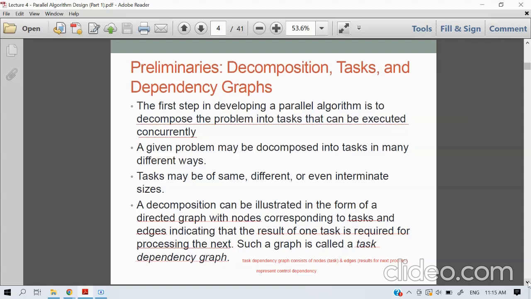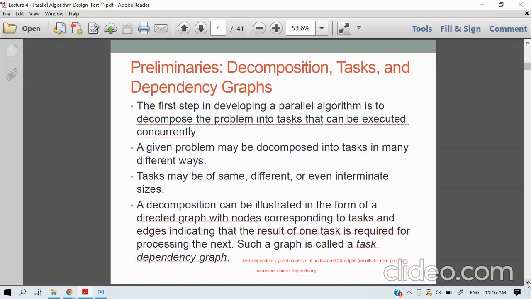As we saw on the previous slide, there are 4 types of techniques that we can use to decompose our problem into tasks. The tasks may be of the same, different, or even intermediate sizes. A task can be of any size. And then a decomposition can be illustrated in the form of a directed graph with nodes.